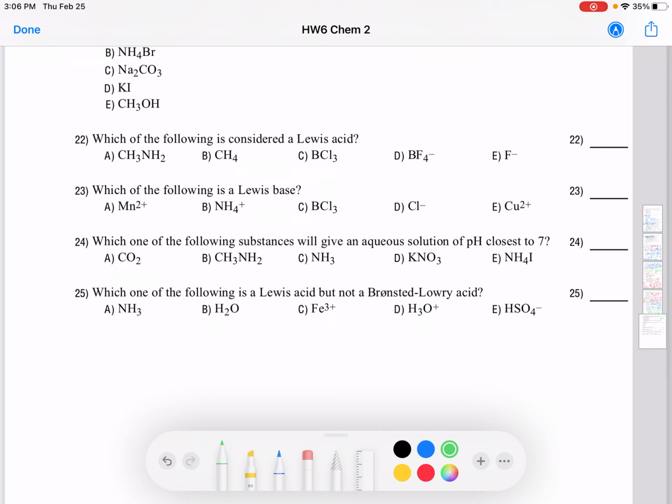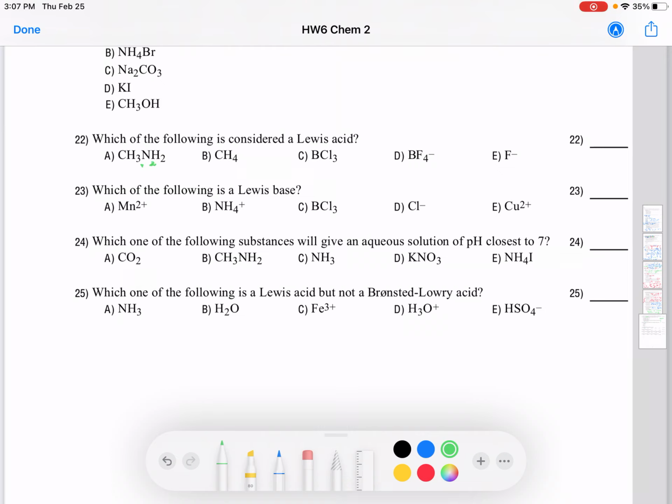Okay, so with that in mind, which of the following is considered a Lewis acid? Methylamine, CH3NH2. Here, nitrogen has a lone pair. If you remember how to draw the Lewis structure, there are 3 bonds on nitrogen, 2 hydrogens and the methyl group, plus it has a lone pair.